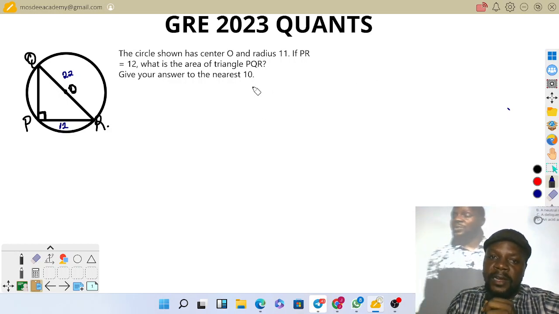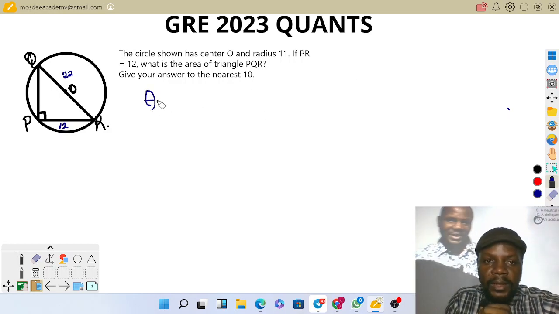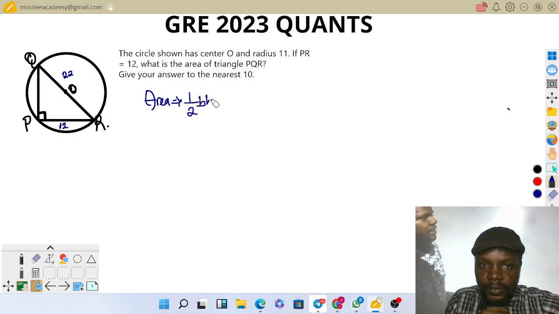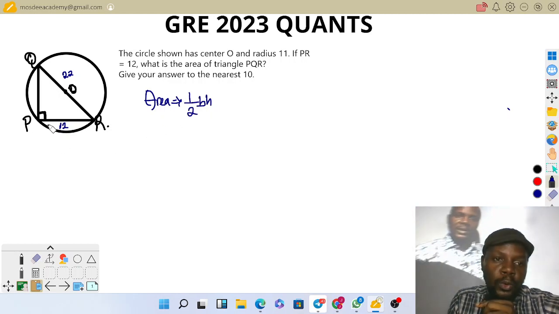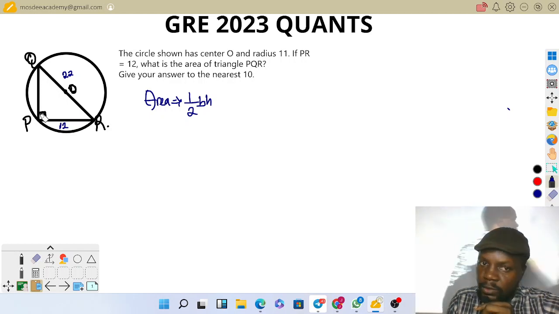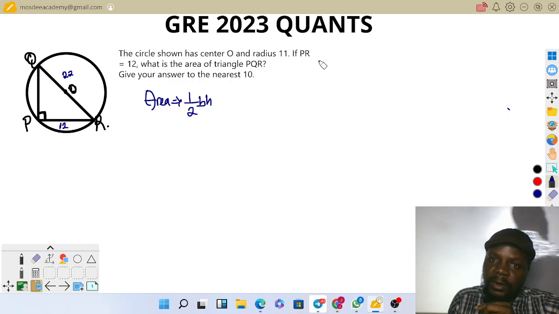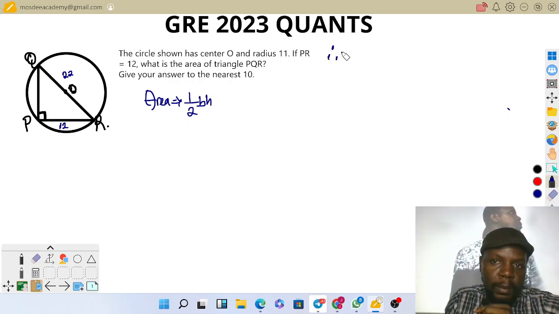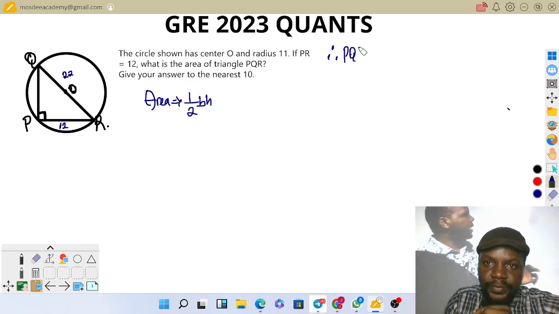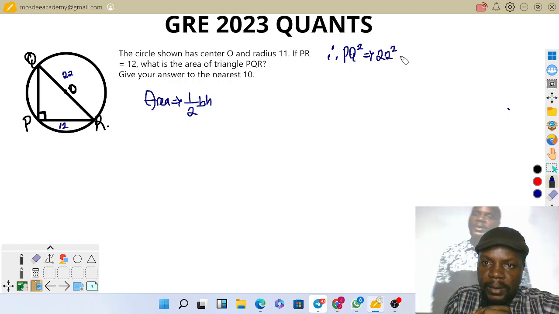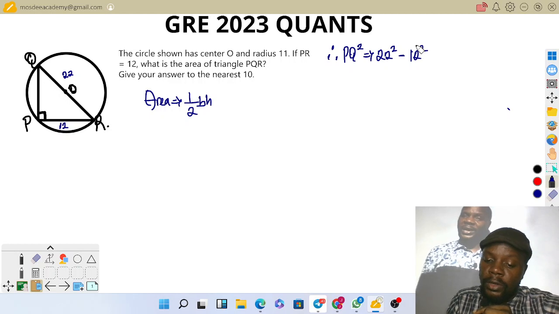Now, without wasting time, area of a triangle is half base times height. Everybody knows that. So this is the base, 12, but the height we don't know. Remember, this is a right angle triangle, so we can use Pythagoras theorem. PQ square is equal to 22 square minus 12 square. I hope you have studied Pythagoras theorem in your junior classes.